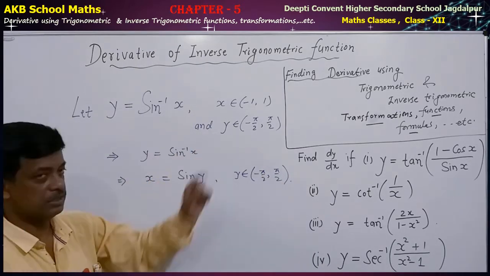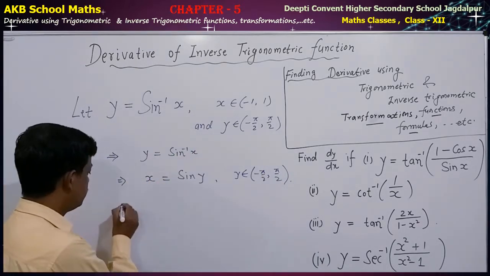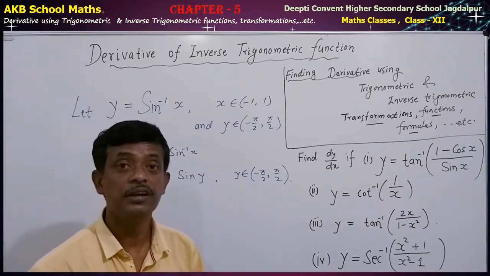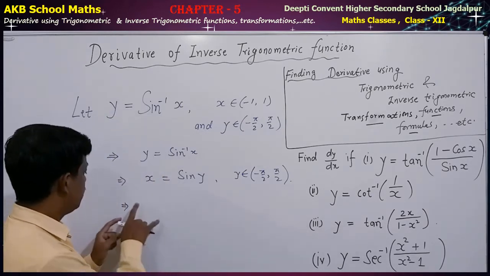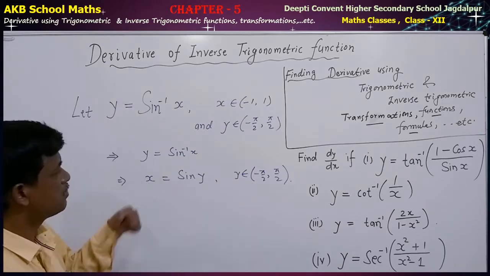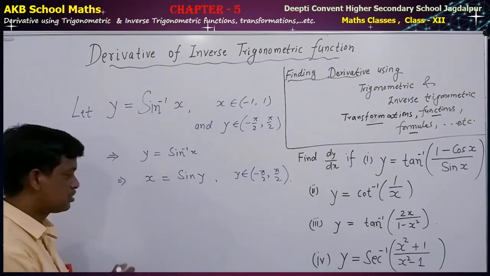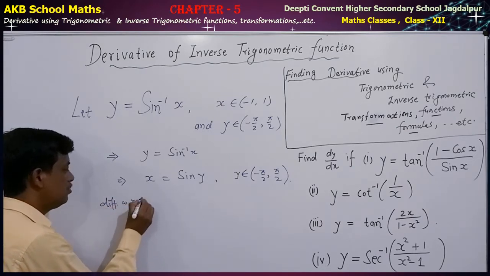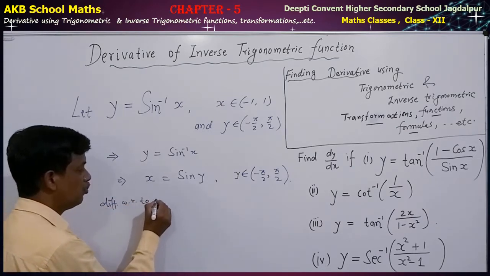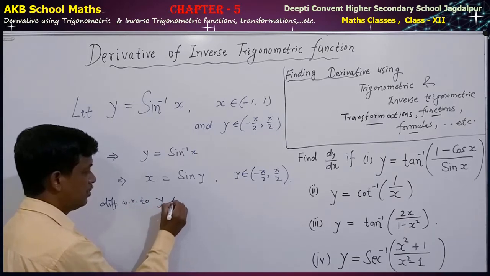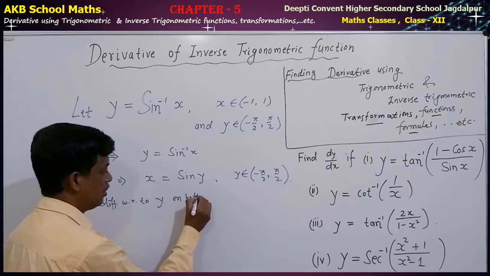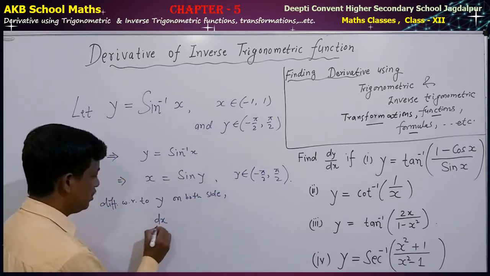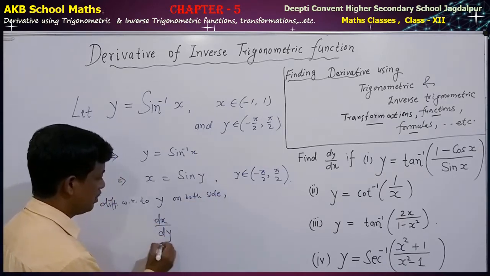Yes, y belongs to this. Now for finding dy upon dx, first differentiate dx by dy. This x is a function of y, so differentiate it with respect to y on both sides. Okay, on both sides. What we get? dx upon dy.